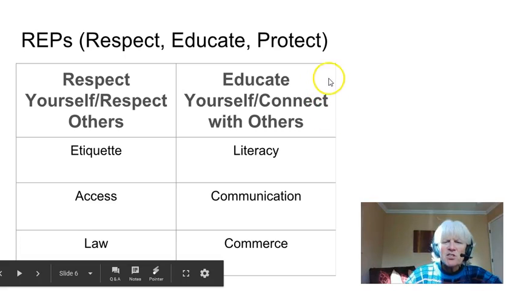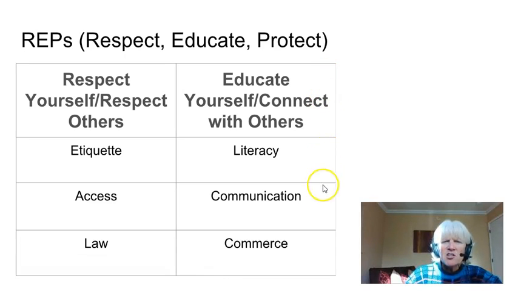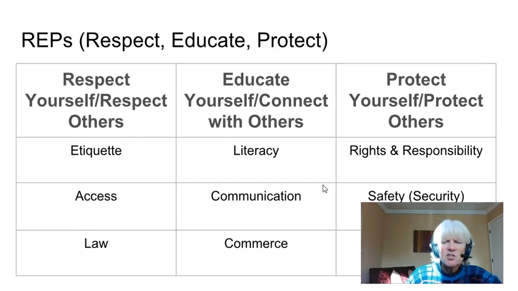Then secondly, educate yourself and connect with others. That's literacy, communication, and commerce. That's your lesson 2. And then your lesson 3 is protect yourself and protect others. That's related to rights and responsibility, safety, and health and welfare.